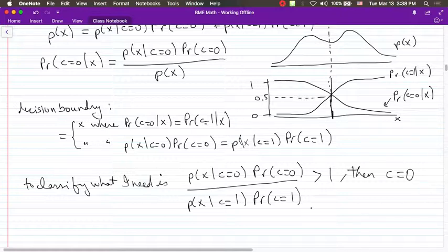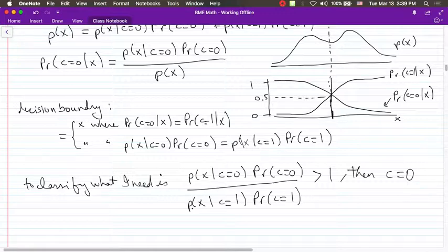Because I'm using the posterior probabilities to classify, and really what I want is the ratio of the two probabilities, when I find the ratio, the marginals go away. If that ratio is bigger than 1, then I have class 0. If it's less than 1, then I have class 1.